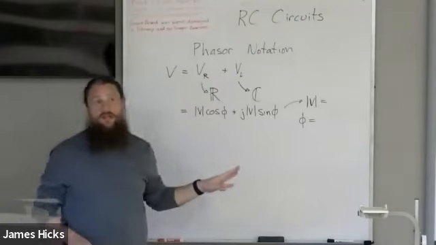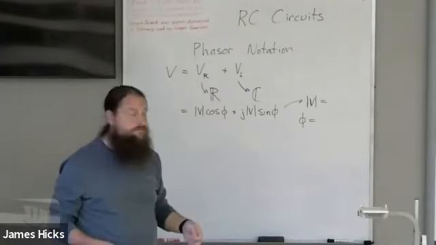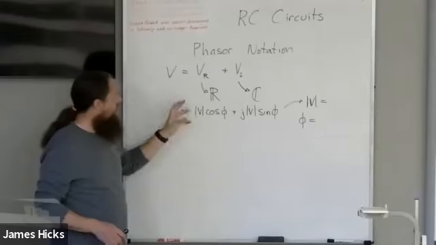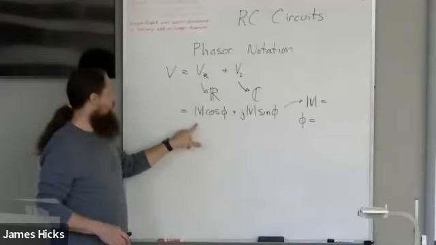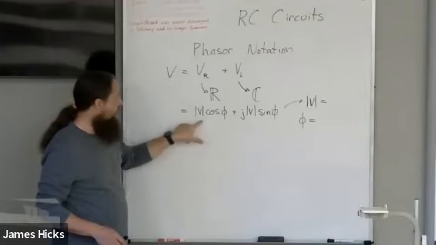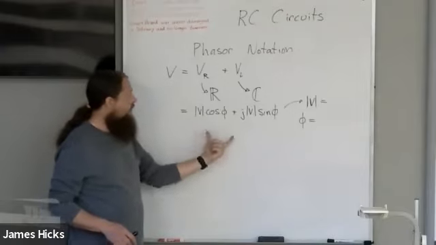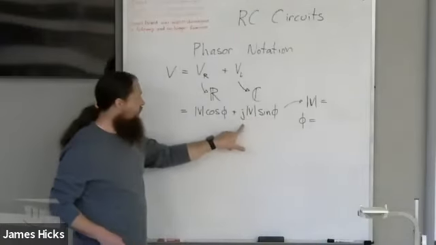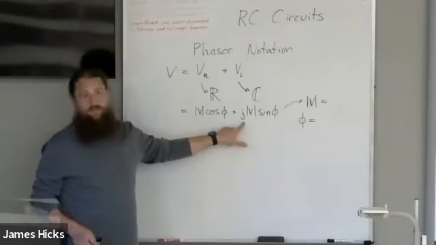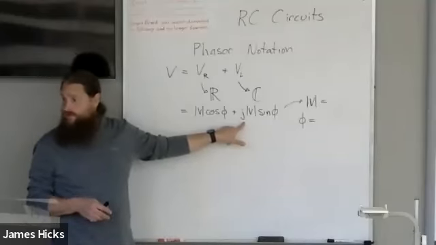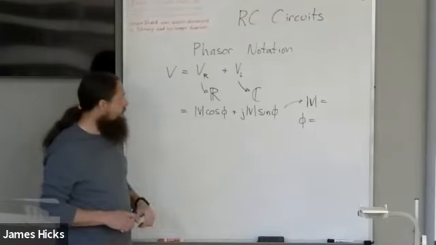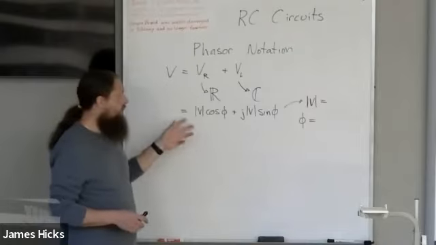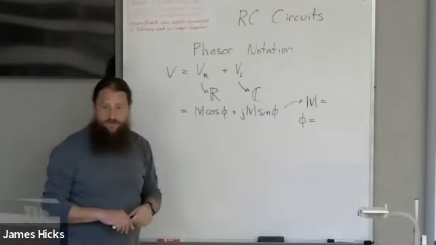So this is going to look a lot like doing vectors. In that idea, you can write this in another form as magnitude times cosine of phi for the real part, the magnitude times the sine of phi for the imaginary part, and j, remember, that is our square root of -1. So this is kind of like switching between rectangular and polar coordinates.